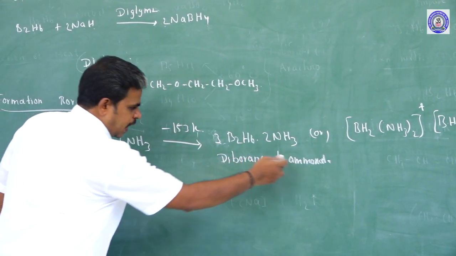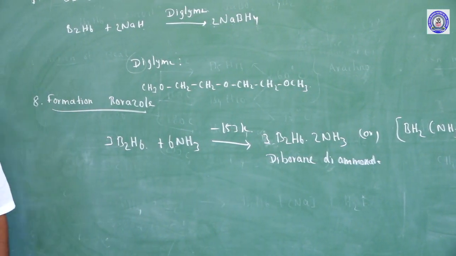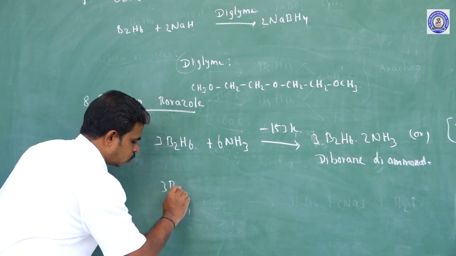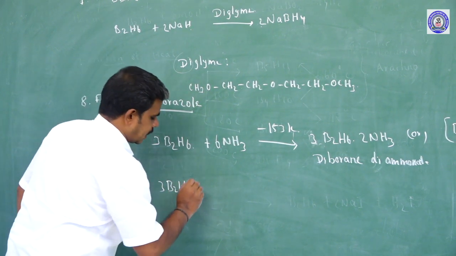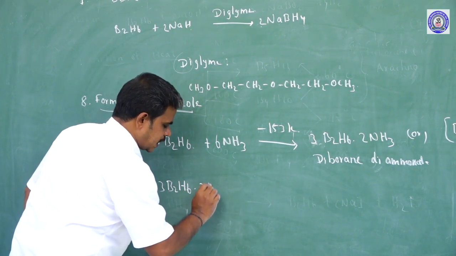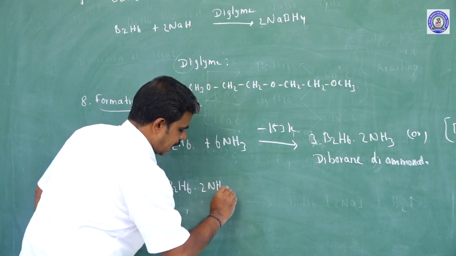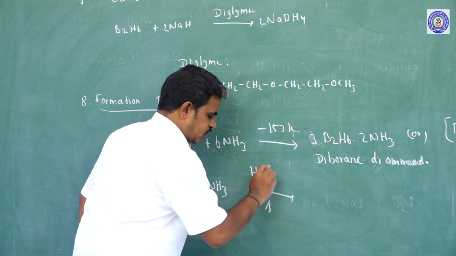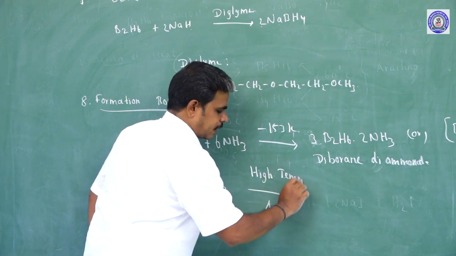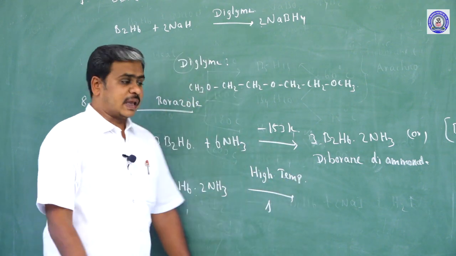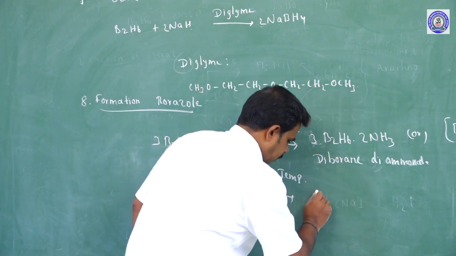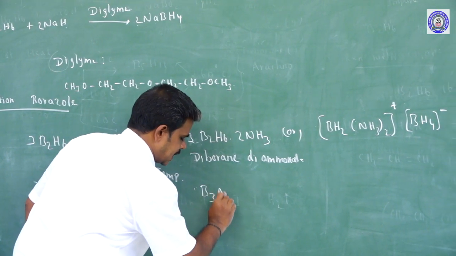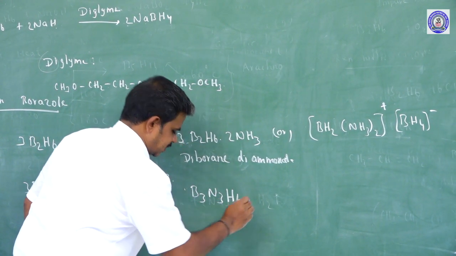Now this diborane diammonate, 3B2H6·2NH3, is heated at high temperature. Then we get the most important compound, B3N3H6.